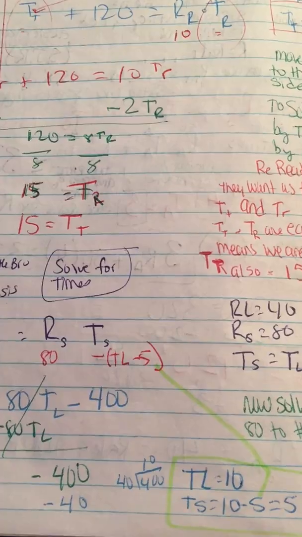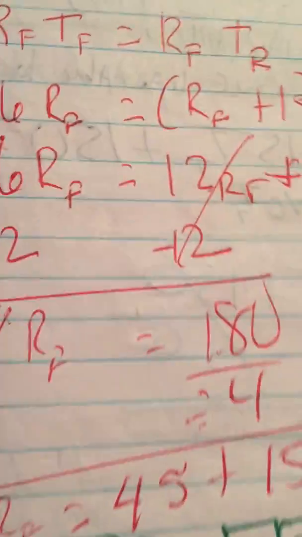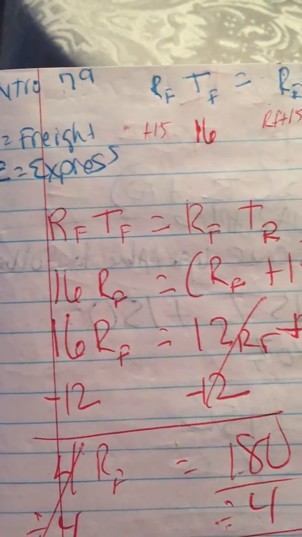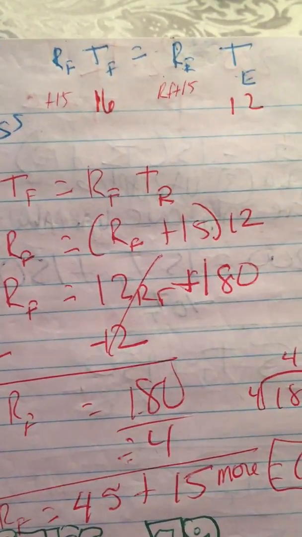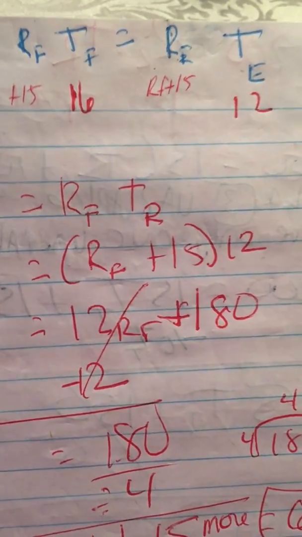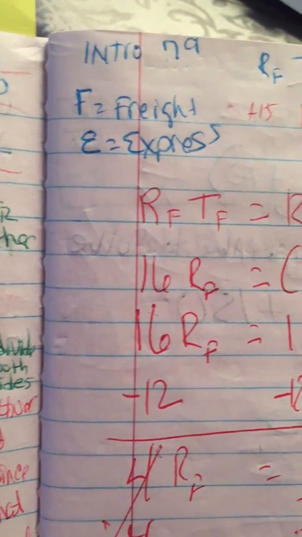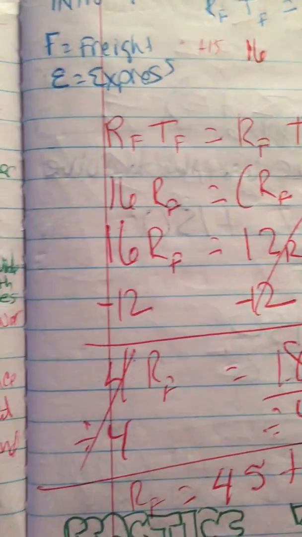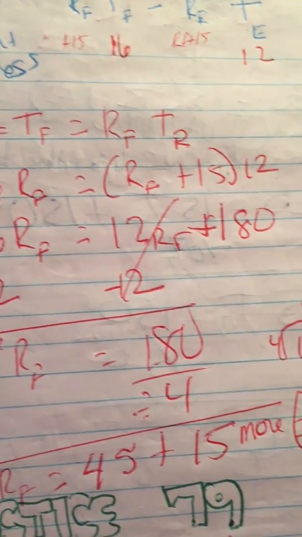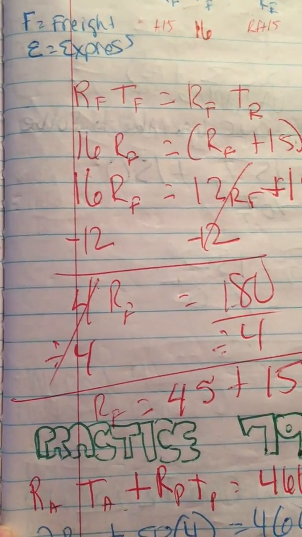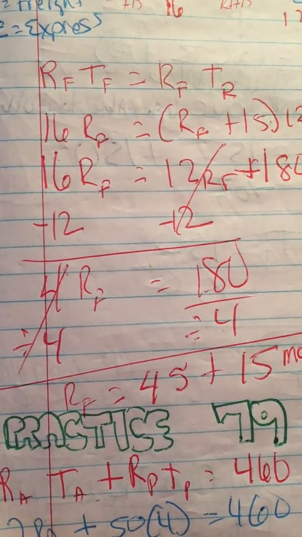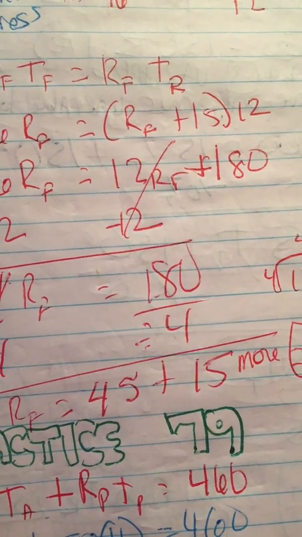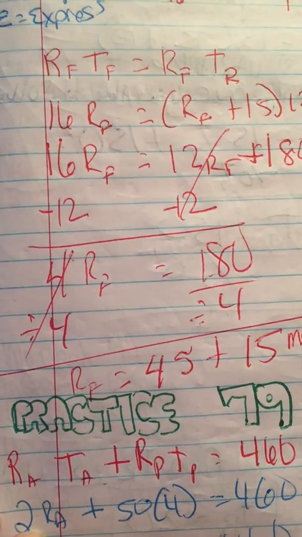Okay, now we're going to do our freight and express. The rate of the freight and the time of the freight equals the rate of the express and times the time of the express. 16, the rate of the freight equals the rate of the freight plus 15 times 12.